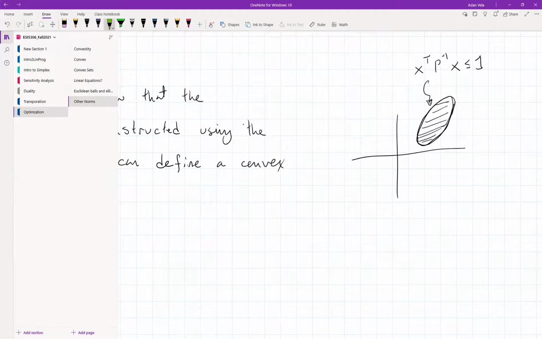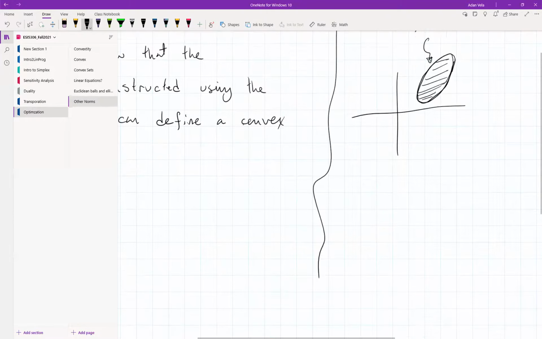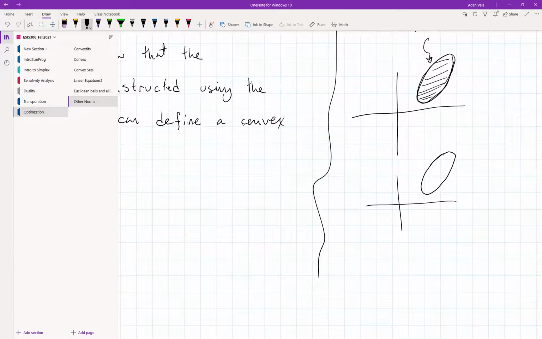But there's one requirement here, which is that we have a less than or equal to. If we don't have that, then we no longer have a convex set. Let's say we had x tilde P inverse x is equal to 1. Then the only points that are part of that set are the ones on the boundary of the ellipsoid, not actually in the ellipsoid. In that case, if we were to pick 2 points and try to connect them, they wouldn't be on the boundary. So this is not convex.